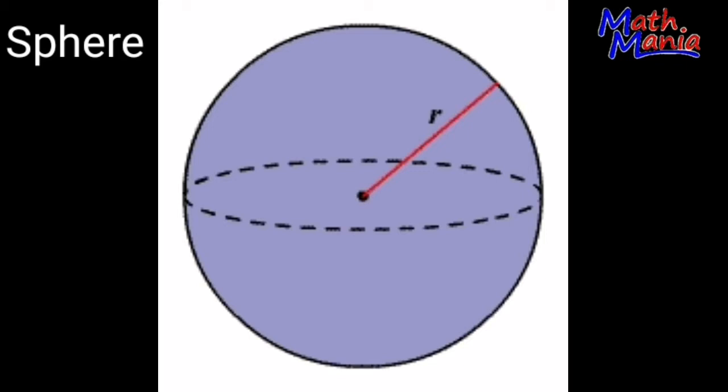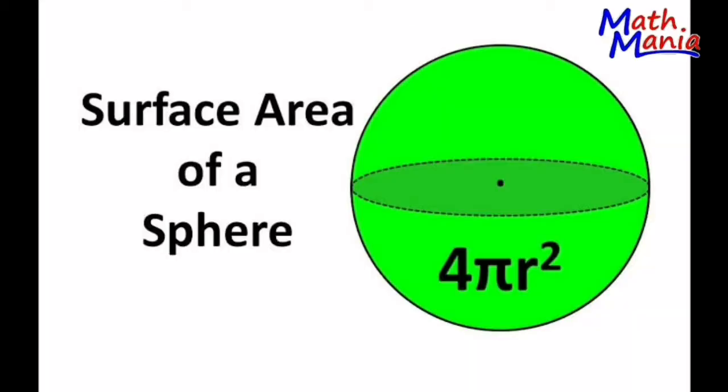As radius is the only known quantity, that is r, the surface area of this sphere is 4 pi r square. From the figure it is clear.